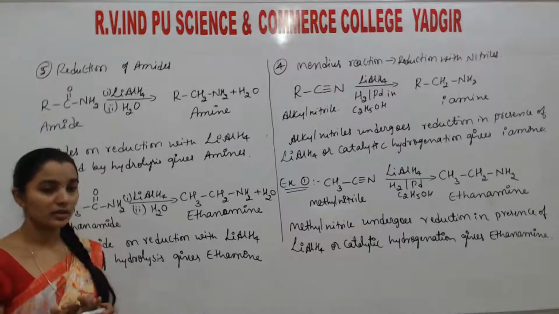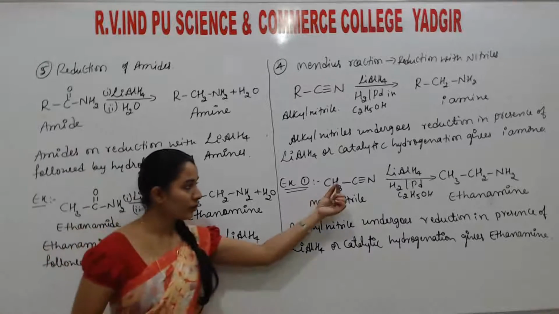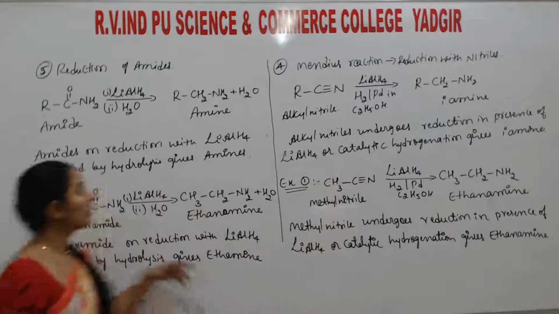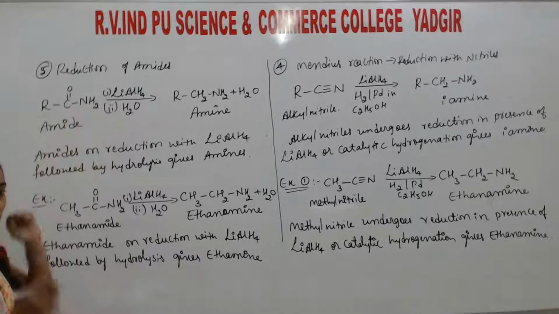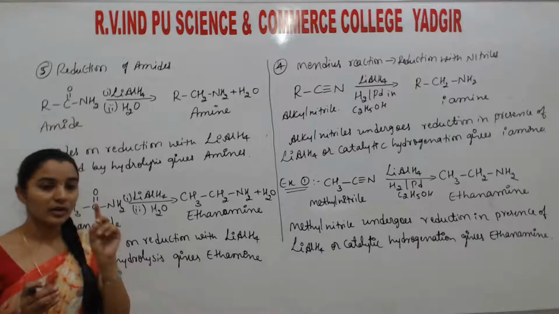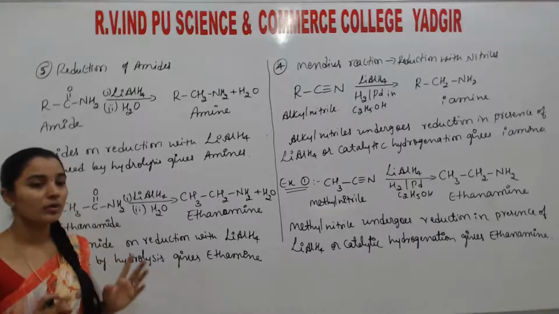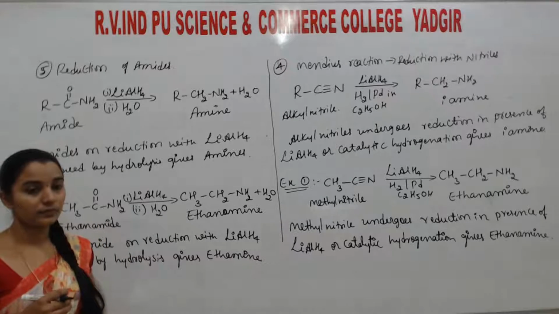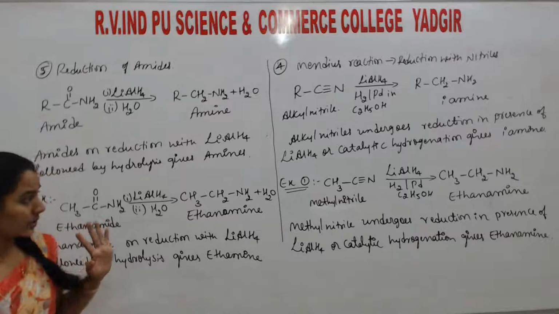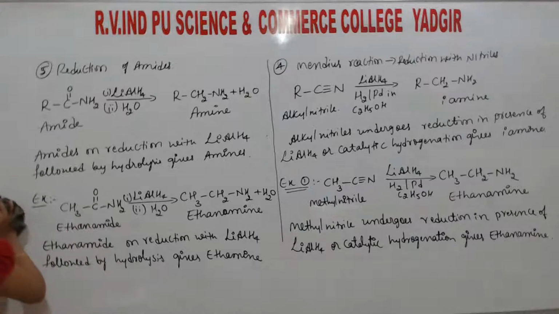No matter what it is, we don't bother about the group, the reaction takes place here. Here also we don't bother about the group, the reaction takes place between these two. So where the reaction takes place, that we need to remember. We don't bother about the group. It may be bulky here. Understood? So this is all about preparation.